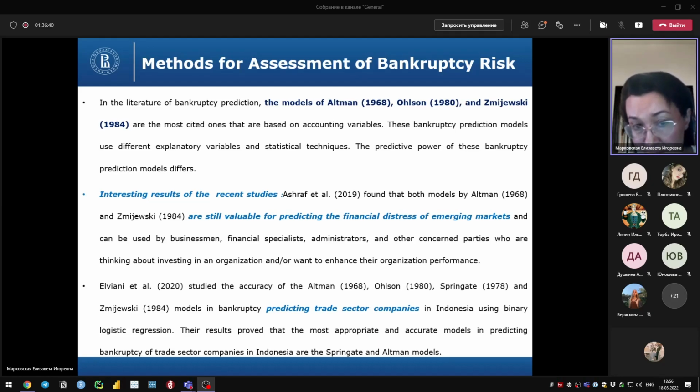And the results are interesting. So the most accurate models in predicting bankruptcy of the trade sector in Indonesia are the Springate and Altman models.